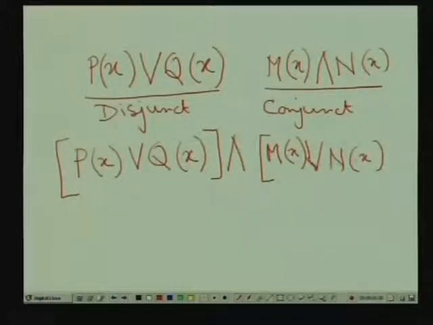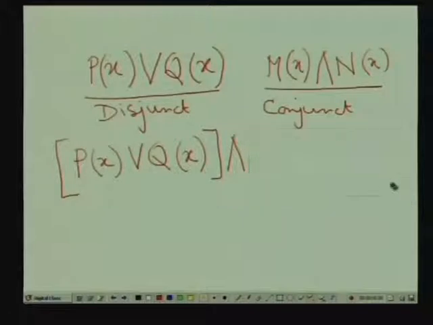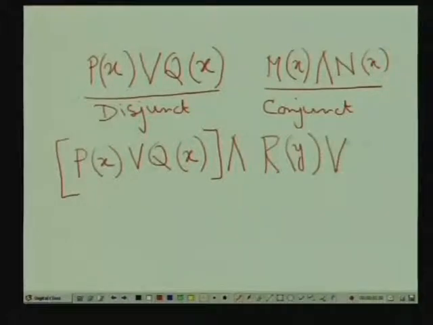Now, say P, Q are already there, say R y or G z.